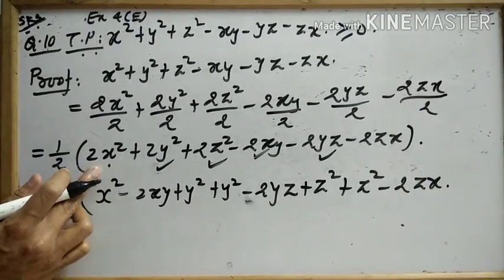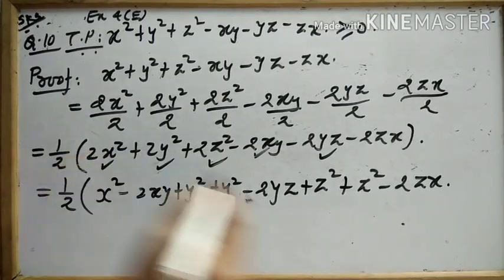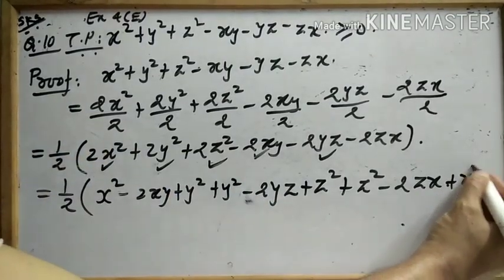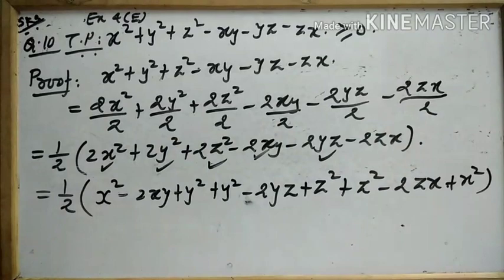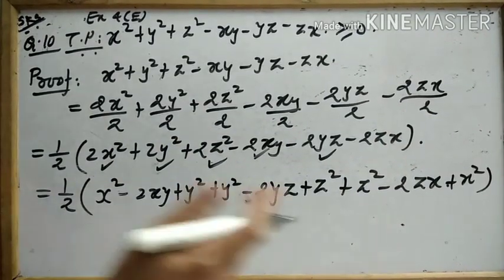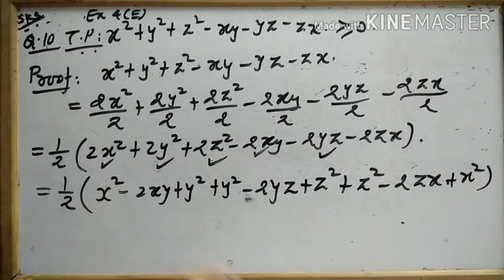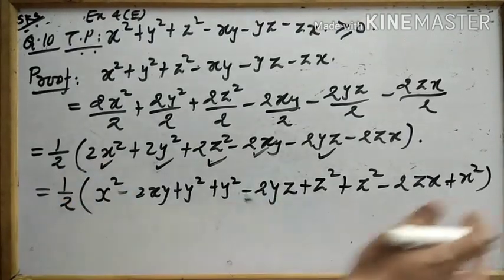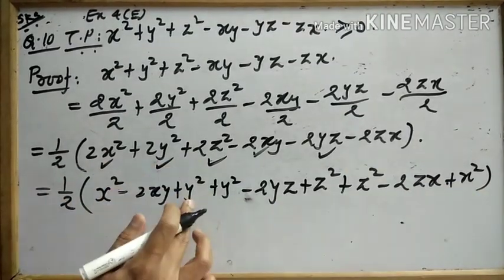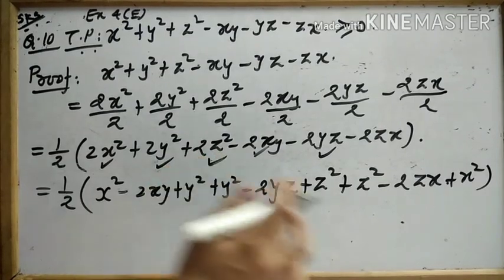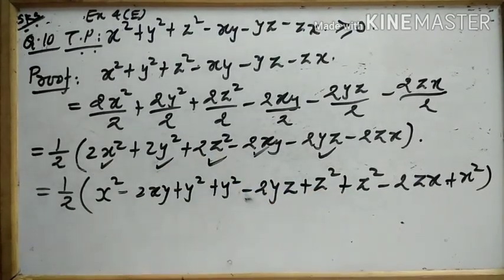If you remember, I've put only one dot, so I'm utilizing that also. That will be here plus x square. So all the terms of this particular bracket are considered, but they have been broken down, like 2x square as x square plus x square, 2y square as y square plus y square, 2z square as z square plus z square.